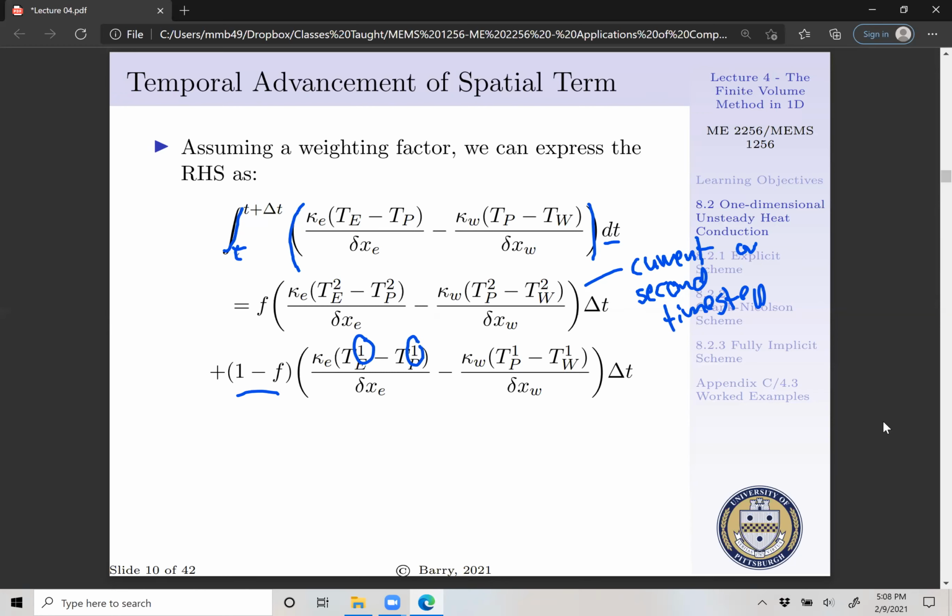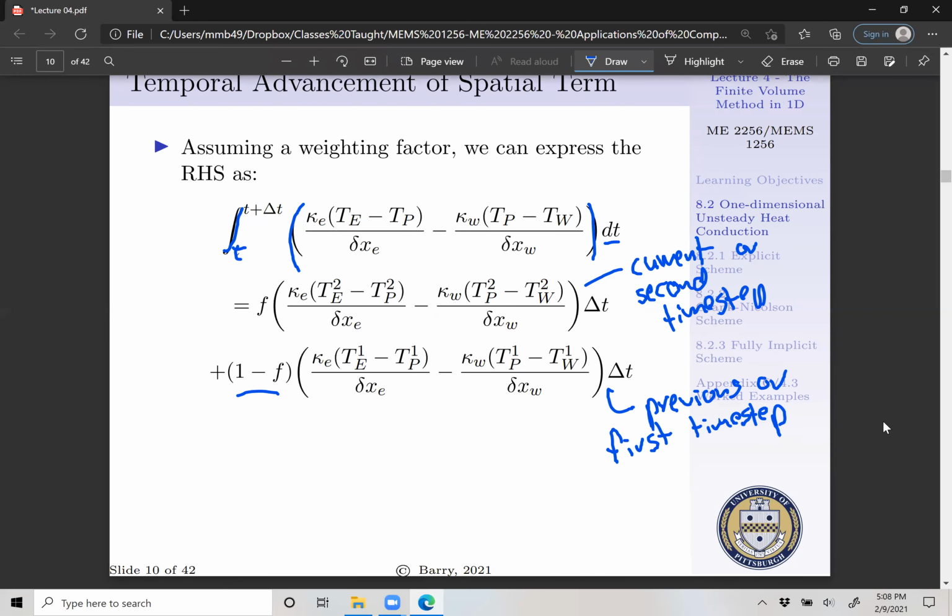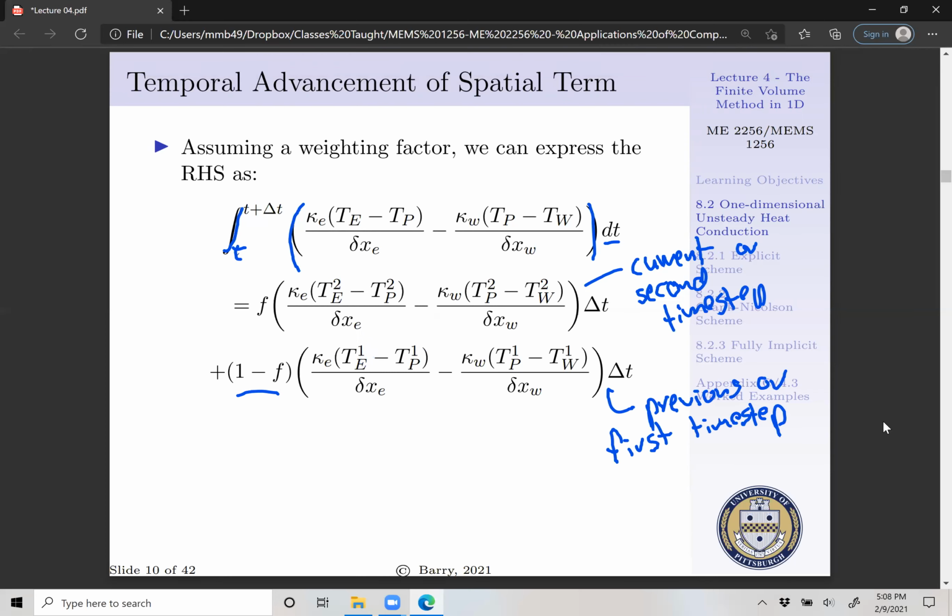However, now it is at our previous time step. So note that this is not squared. This is in reference to our time step within our system.